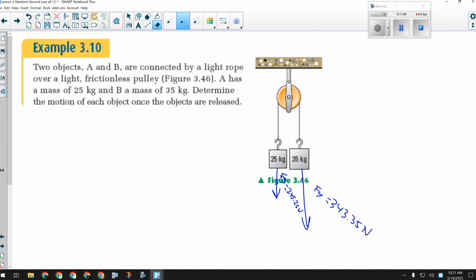Okay. What was the key thing about systems? It was one of the rules I had you write down the other day. All parts have the same acceleration. What does that mean I can do with those masses?